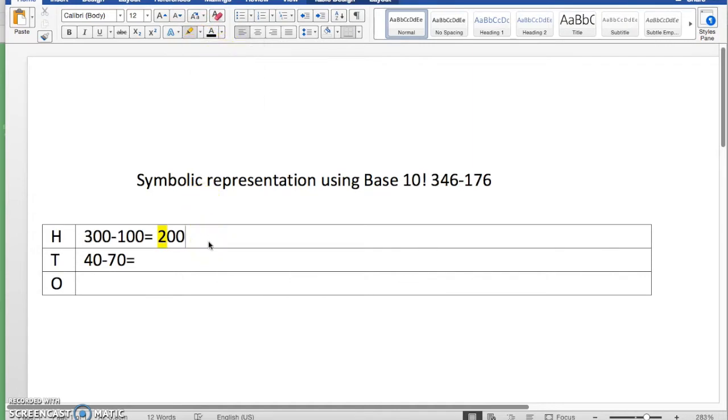So this will turn into 100, and this will turn into 140, which gives us 70. And we know this because 14 minus 7 is 7. Then moving on to our ones, we have 6 minus 6, which is equal to 0. After adding up 0 plus 70 plus 100, we get our final answer of 170.